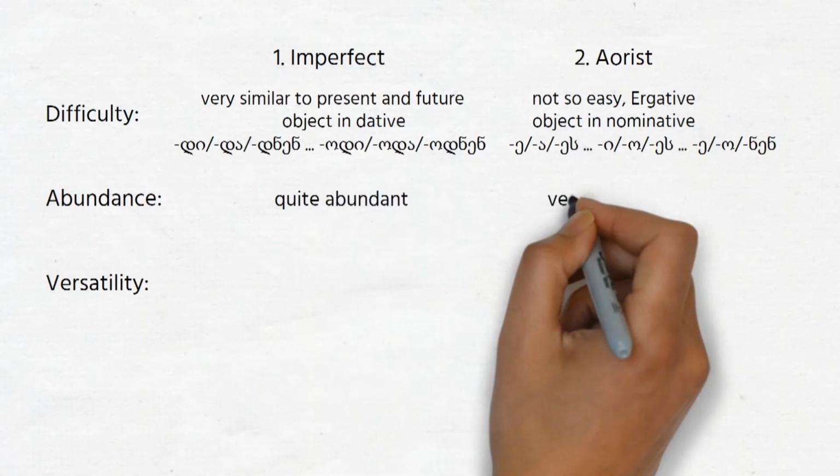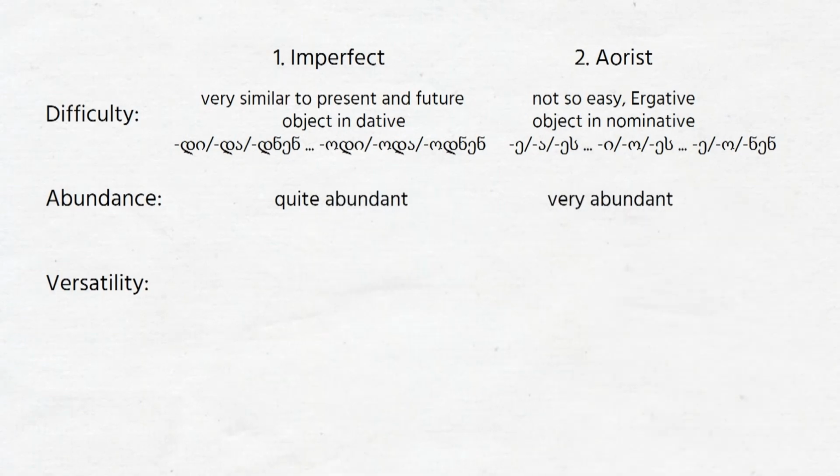So both of them are quite abundant in Georgian, and the aorist a bit more. You find it more often, so when you learn the aorist, you can profit more when you listen to people or when you speak. So you will encounter the aorist more often, but the imperfect also is quite useful to know.